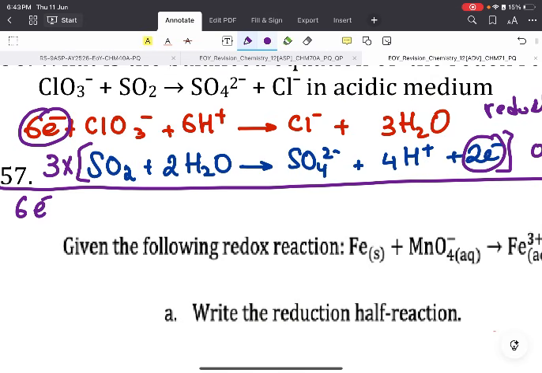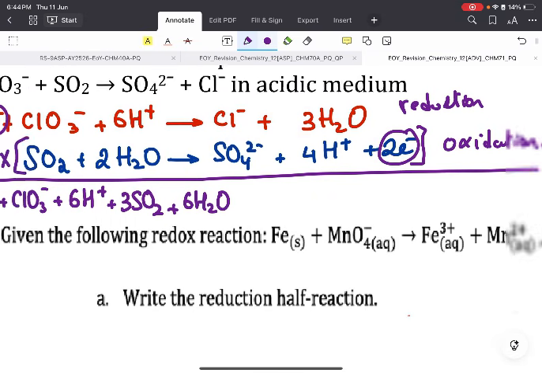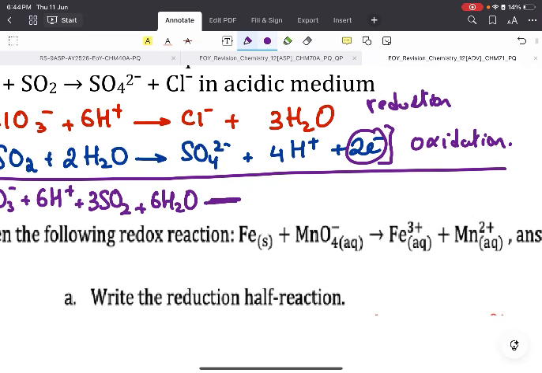So 6 electron plus ClO3 minus plus 6H plus 3SO2 and 3 times 2, 6H2O. Now I'm done. I'll continue.